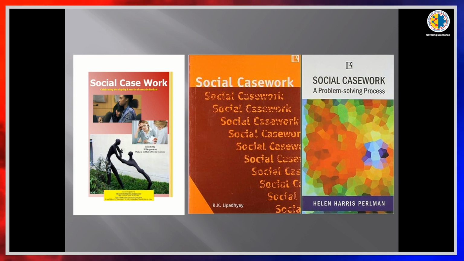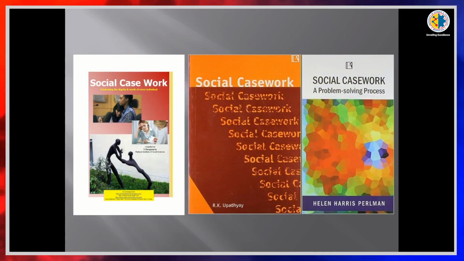Very clearly with simple language, you can follow those materials to understand what social casework is, its objectives, its philosophical assumptions and methods, tools, skills, techniques and everything which is covered within this method. So, I think it is an essential reading for you.